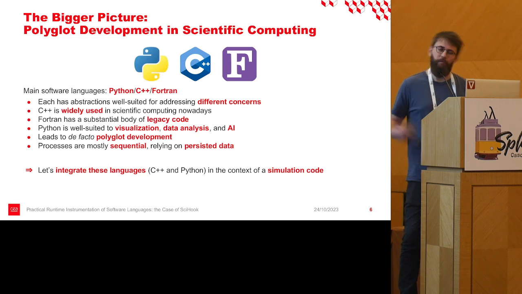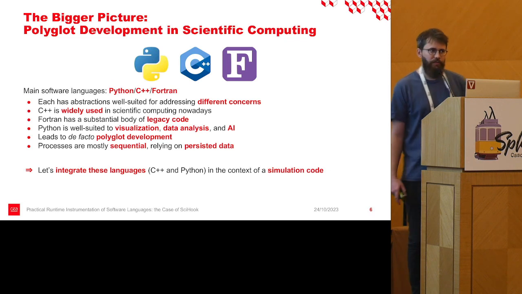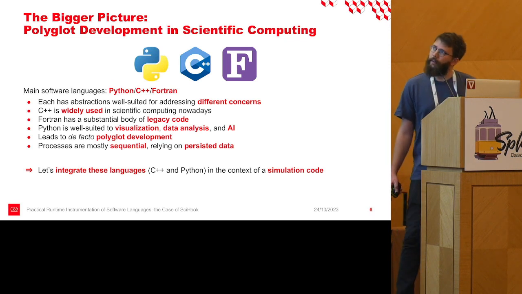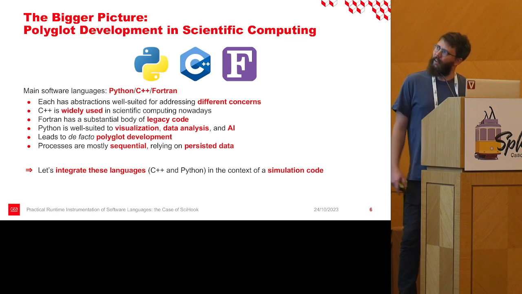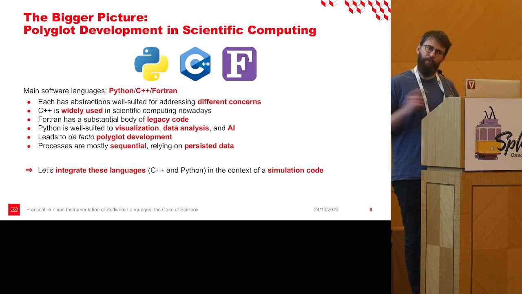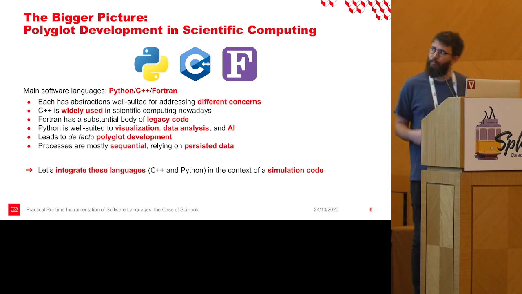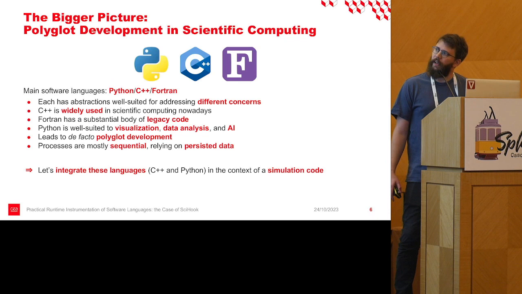And what we noticed is that it happens in quite a polyglot way, where the mainly used languages are Python, C++, and Fortran, where each language has its own kind of niche, Fortran being the niche of legacy code, mostly, C++ being the most used language for simulation, and Python being the most used language after the simulation to post-process, to create visualizations, to analyze the results, and so on. And also lately for doing AI stuff.